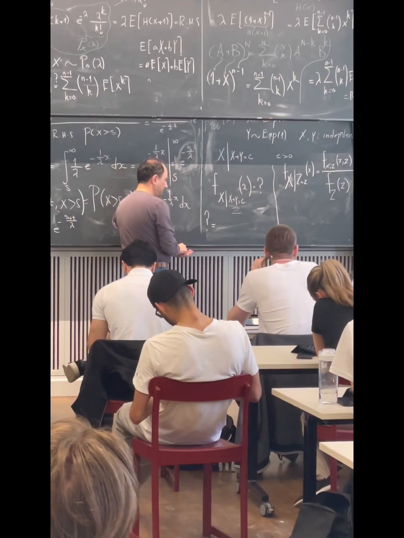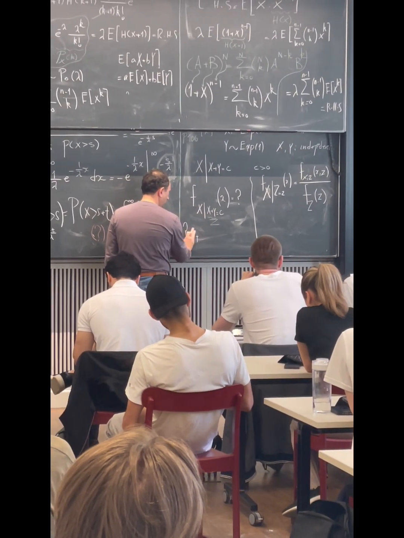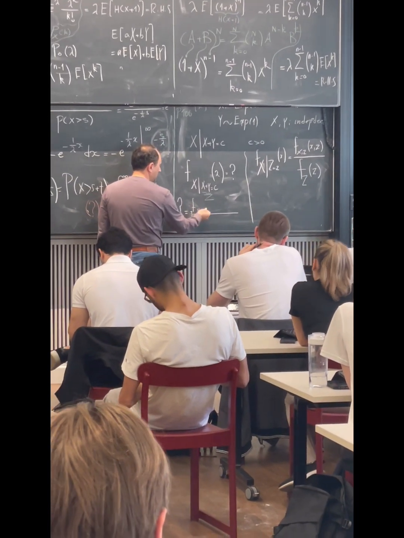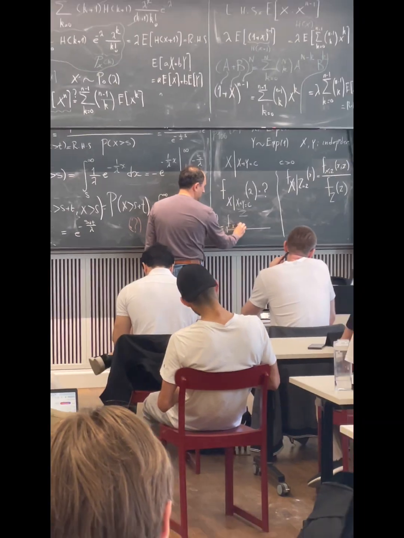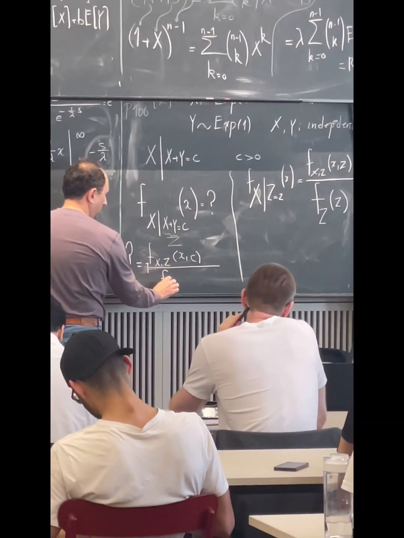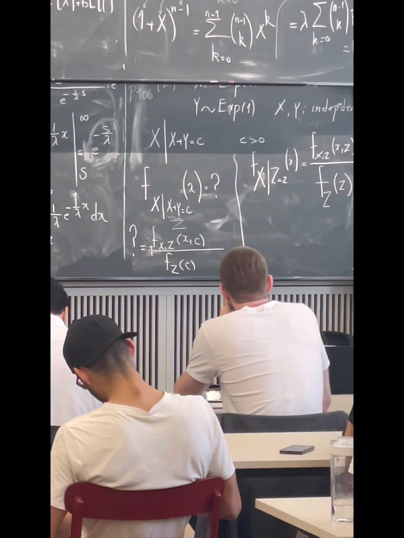So what happens? So this becomes equal to the fraction line, f of x and z, evaluated at x and c, divided by f of z evaluated at c. Yes?